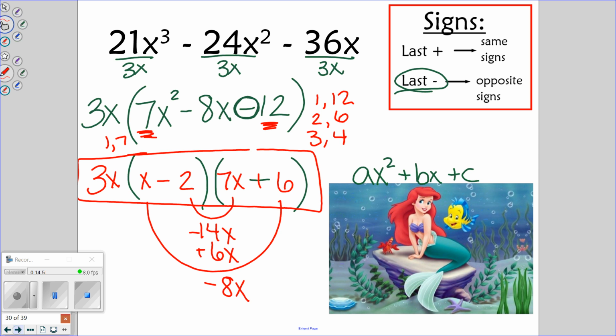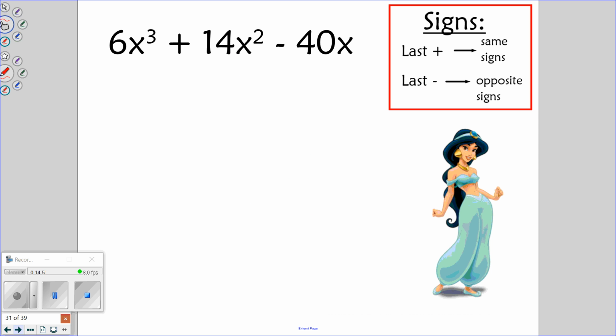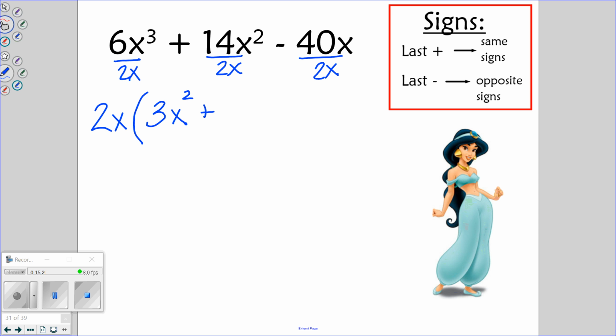All right. You guys ready to try one on your own? Yes. Okay. Was there a GCF in this problem? 2x. Don't forget the x. All right, so if we divide them all by 2x, what do we get here? 3x squared. Good.